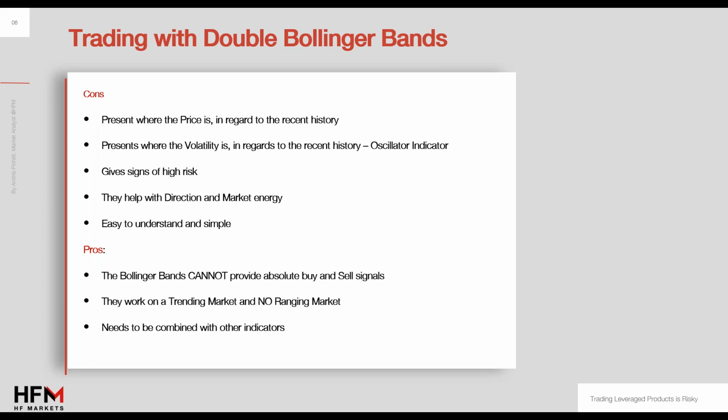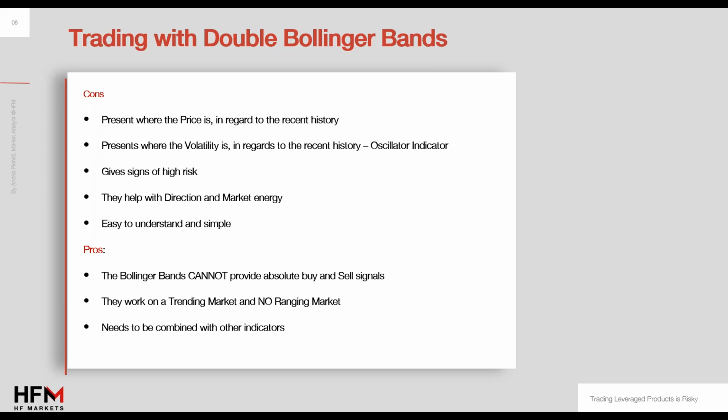In today's webinar, we're going to combine it with itself. So we're going to use two, a double Bollinger Band, in order to limit any false signals. You can combine it with other indicators such as RSI, stochastics, moving average crossovers. That's up to you, based on what kind of setup you're using in your daily trading.